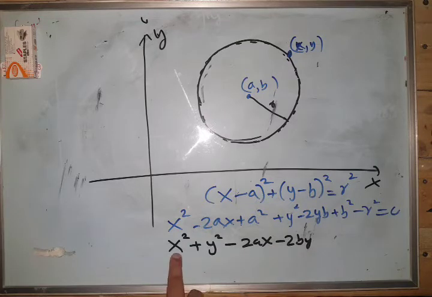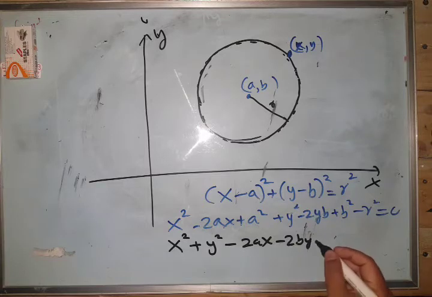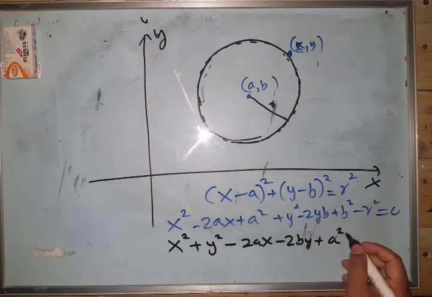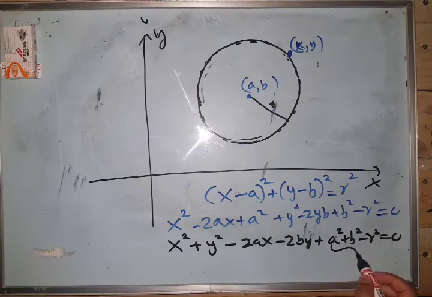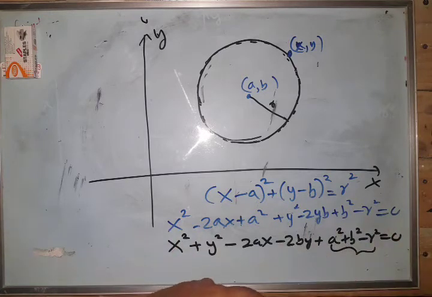Here you have quadratic terms and you have linear terms, plus you will get a squared plus b squared minus r squared is equal to 0. This is a constant. So this would be the general characteristic equation of a circle.